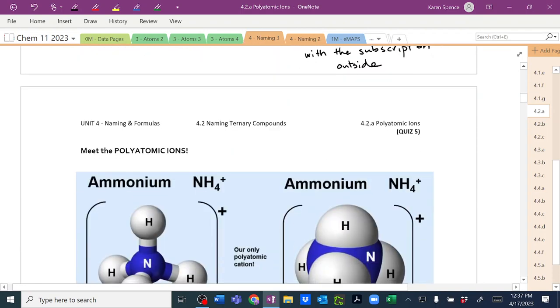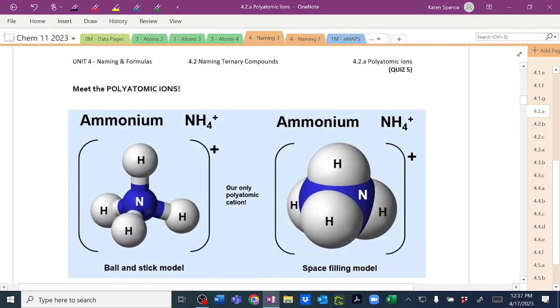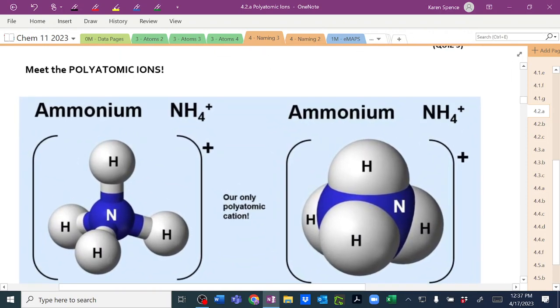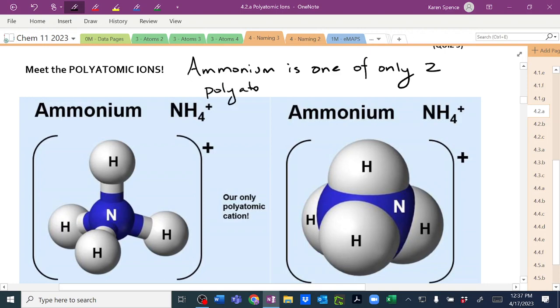And now we're going to meet some of our most famous polyatomic ions. Here is ammonium, one of only two polyatomic cations.